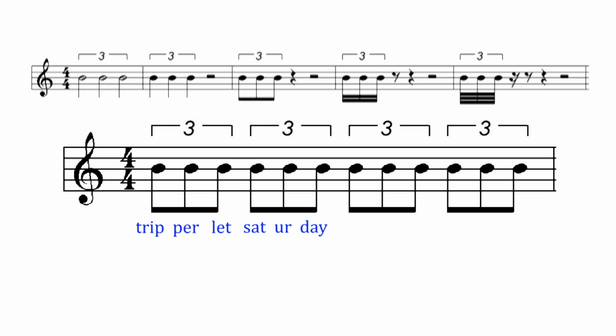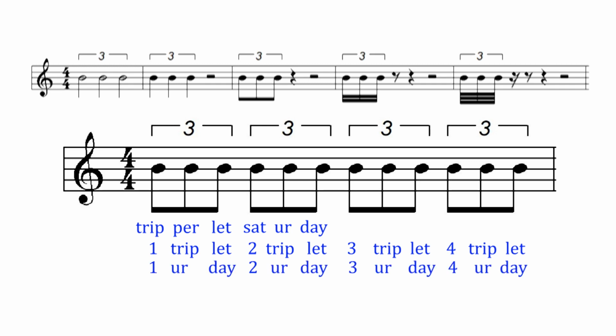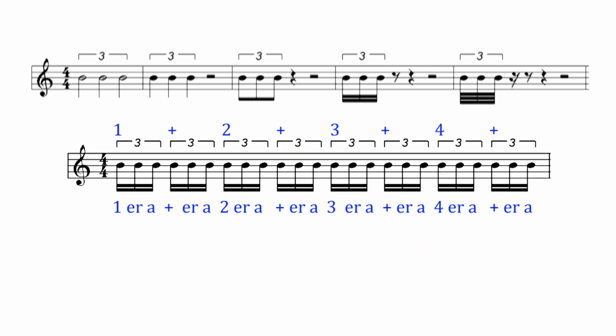To remind you of what beat the triplet starts on, it could be counted with the number of the beat. For example, 1 triplet, 2 triplet, 3 triplet, 4 triplet, 1 a day, 2 a day, 3 a day, 4 a day, etc. With the 16th note triplet, which is played in the time of an 8th note, the 2-syllable sound could be added to the number of the beat or the and between the number of the beats.